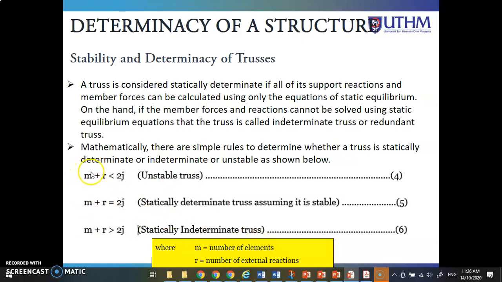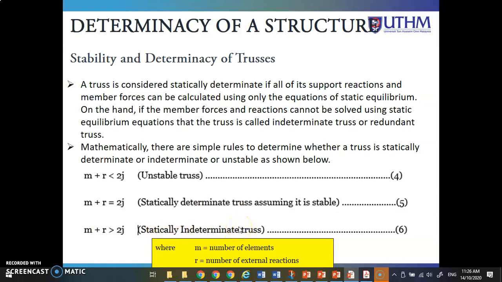R, sama macam tadi, adalah number of external reaction. Okay, so J here adalah dia punya joint. Number of joint. So if M plus R less than 2J, we become unstable trusses. Equal to 2J, this is statically determinate truss, and greater than 2J is statically indeterminate truss.